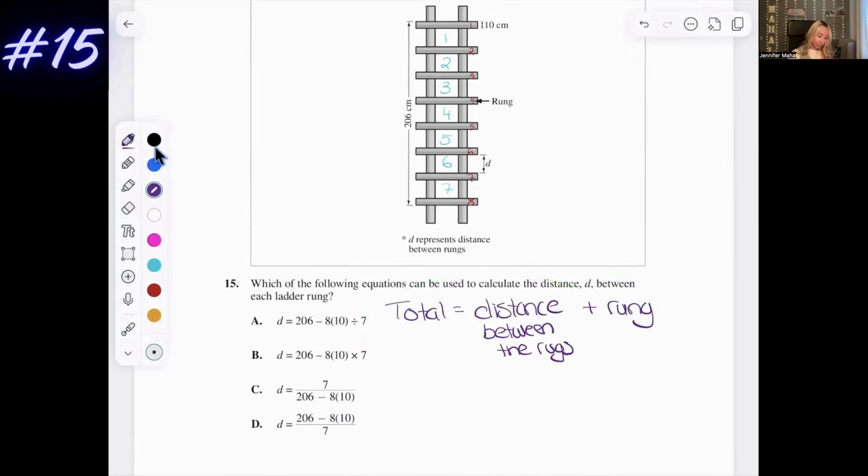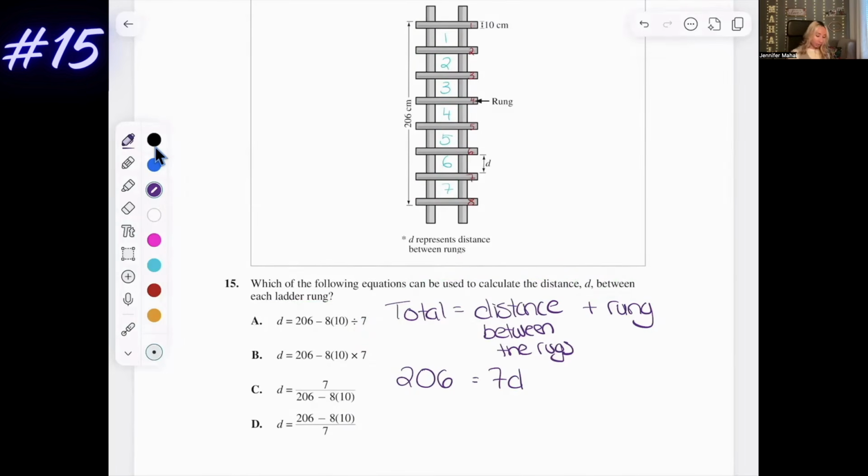The total distance, from here to here, is 206. Now we know the distance between the rungs is that there are 7. And they told us to use D to represent the distance between each ladder rung. So that's going to be represented by 7D.